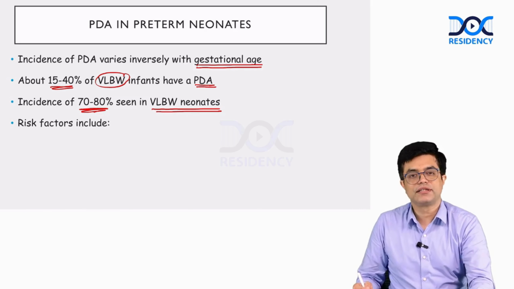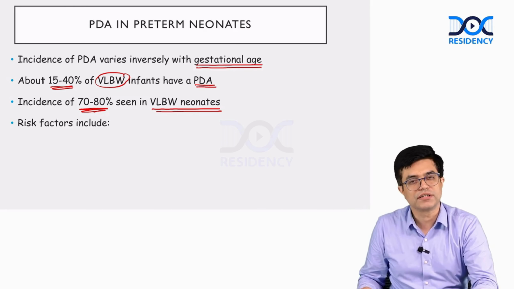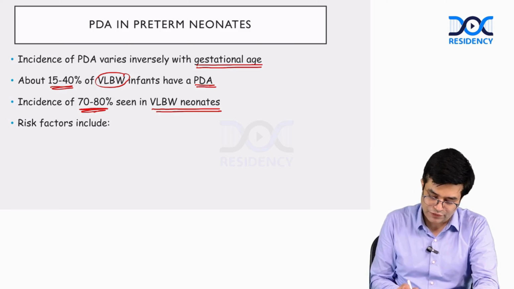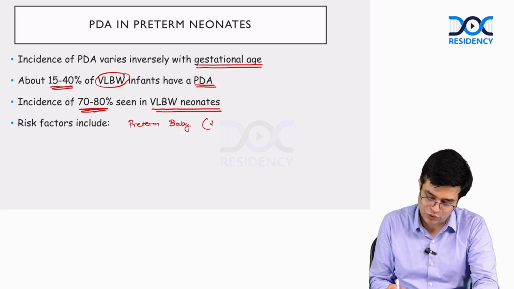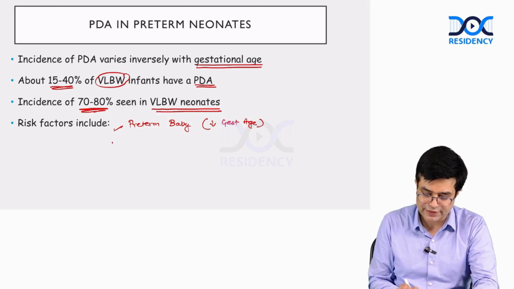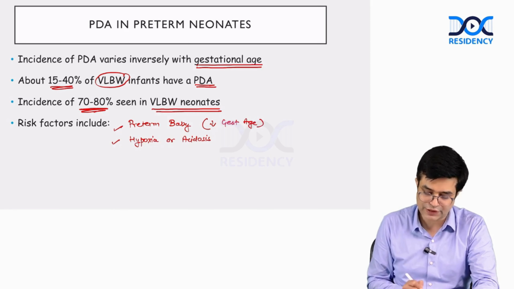And what are the risk factors which lead to the abnormal opening of the ductus arteriosus? It does not close. First of all, as I told you, preterm baby, low gestational age. Secondly, in case the baby is having any degree of hypoxia or acidosis.